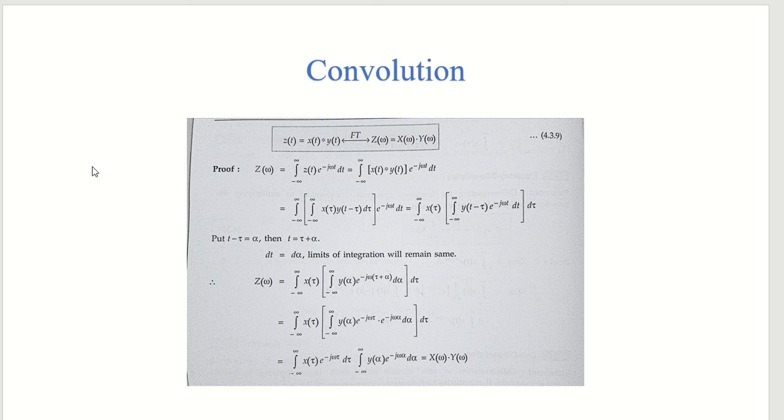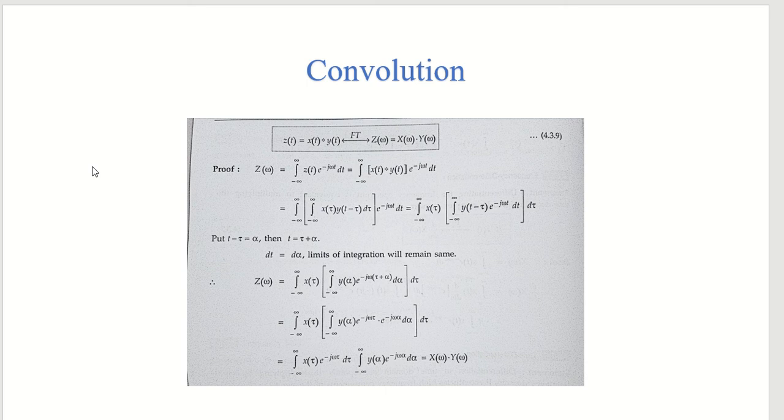So let's try to prove it. Let's take the Fourier transform of my signal z(t). So z(t) is basically x(t) in convolution with y(t). When we take the Fourier transform, the formula will be minus infinity to infinity x(t) convolved with y(t) into e raised to minus j omega t dt. Now we will do the same thing we did when we were discussing the properties related to convolution.